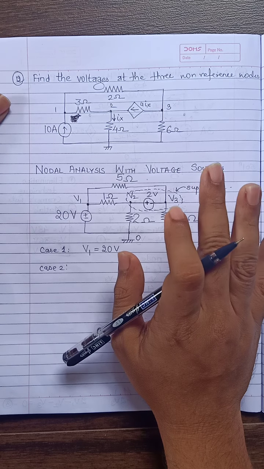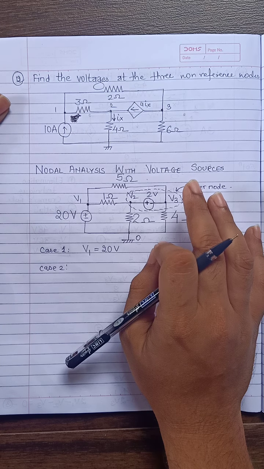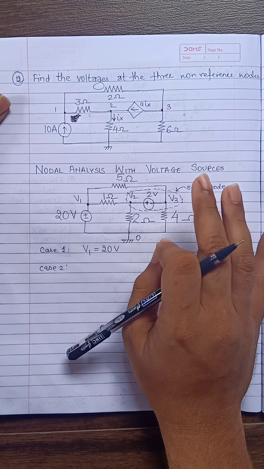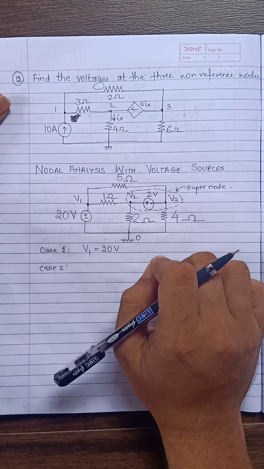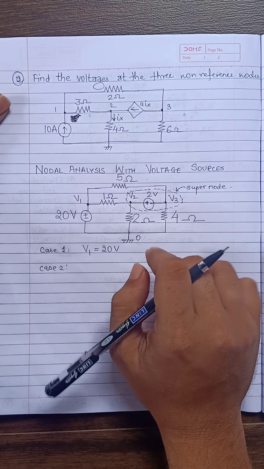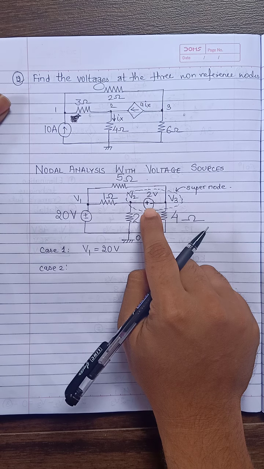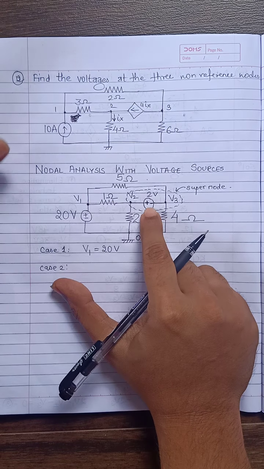But we need to treat supernodes differently because an essential component of nodal analysis is applying KCL, which requires the knowledge of current flowing through an element, but in this case we cannot find the current flowing through the voltage source, but KCL must be applied.